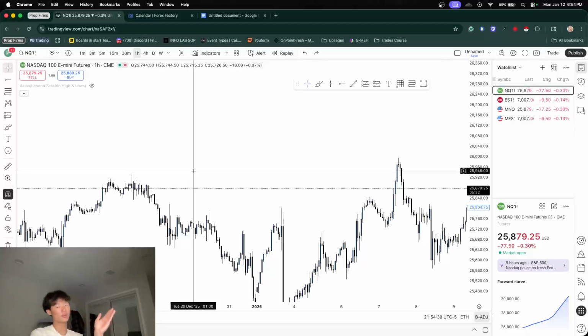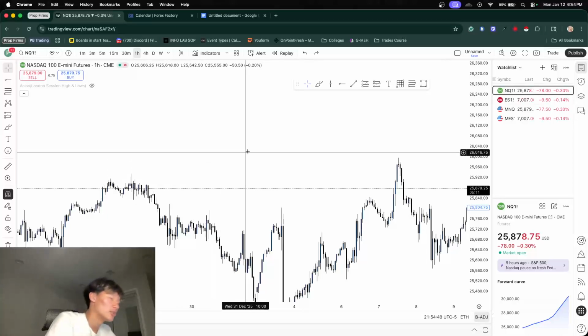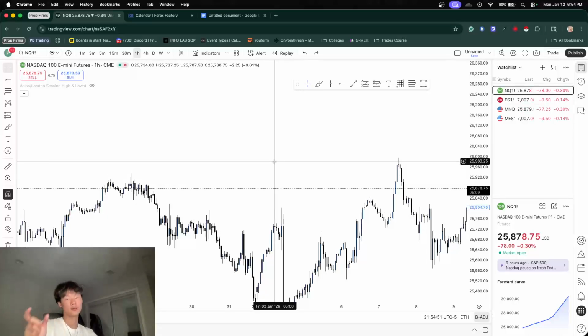But the MEC model, you actually have to sweep some type of liquidity to have a valid setup, an actual confirmation setup. So first, it's an extra confluence that will definitely help you have a higher success rate on your trades.